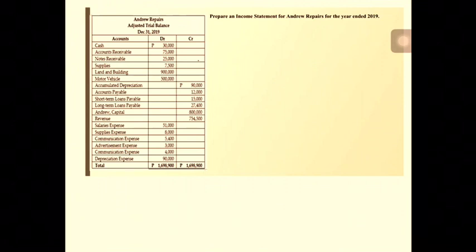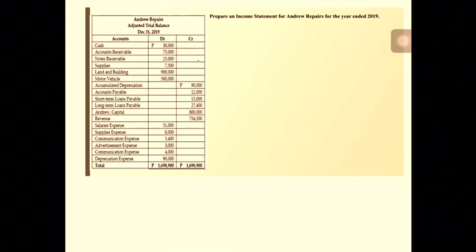In preparing your income statement, it is important to first know the rules on how to make a report in general. Since this is a formal report or a formal document, it is always important for us to write first the heading for that particular financial report.